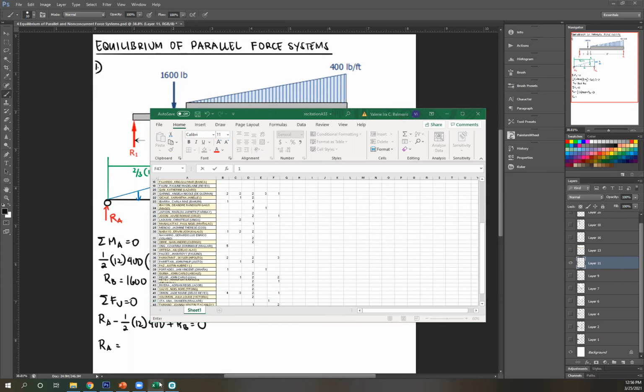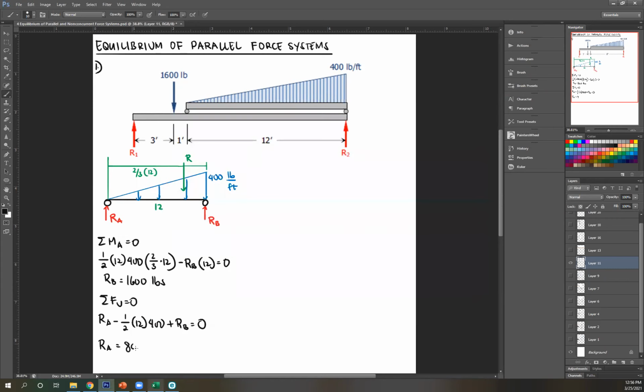Okay, nice. So once again, it's 800 pounds. What am I gonna do with that information? Well, now you can move on to your actual beam, your lower beam. So creating another FBD there. Direction of R1 and R2 already given. Next, you have a 1,600-pound point force here.